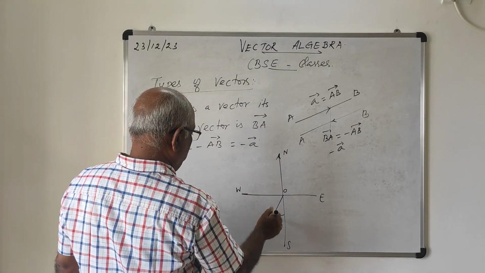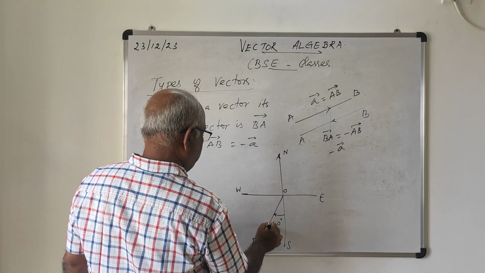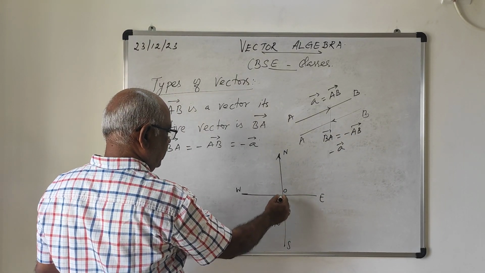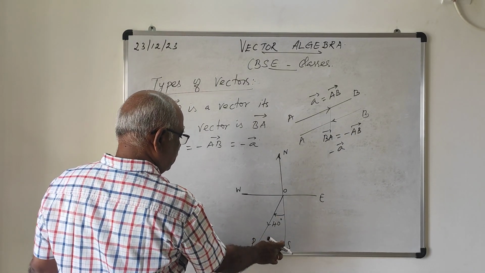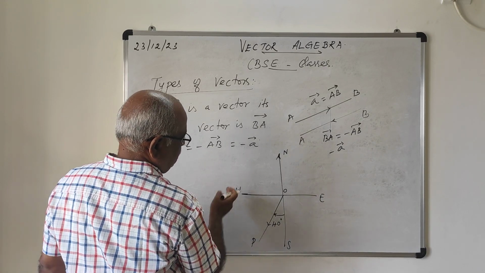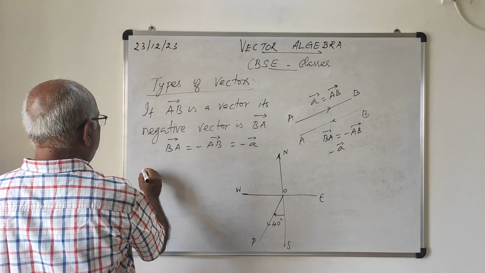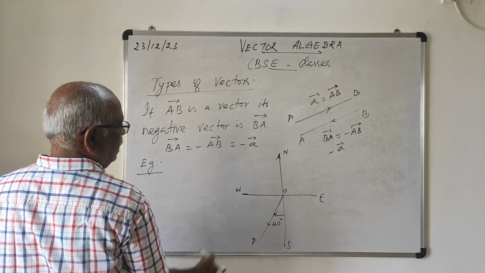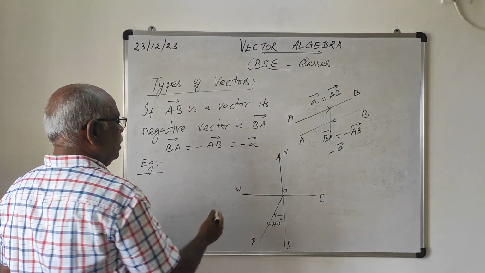It is the notation of the OP vector. So OP vector is 40 degrees on the south western side. This is another example of a vector defined in a plane.